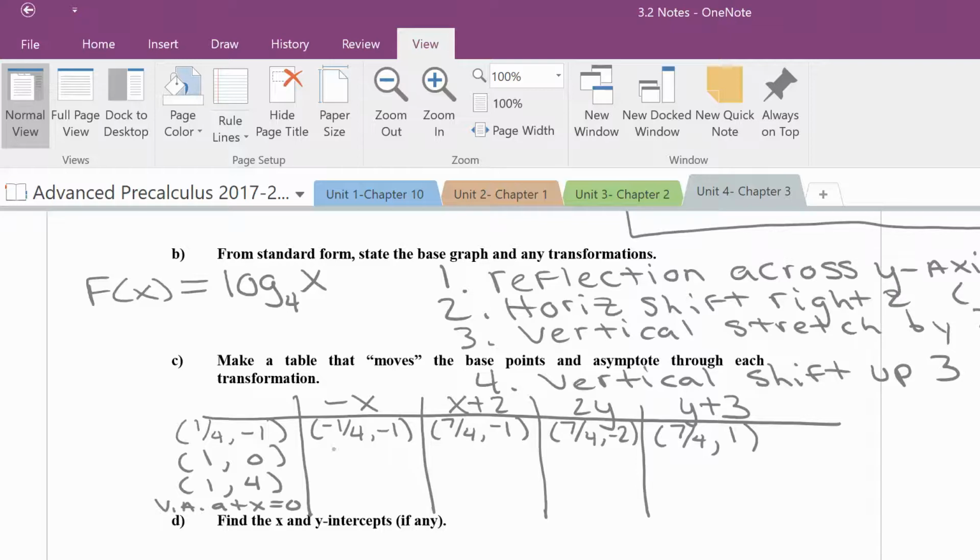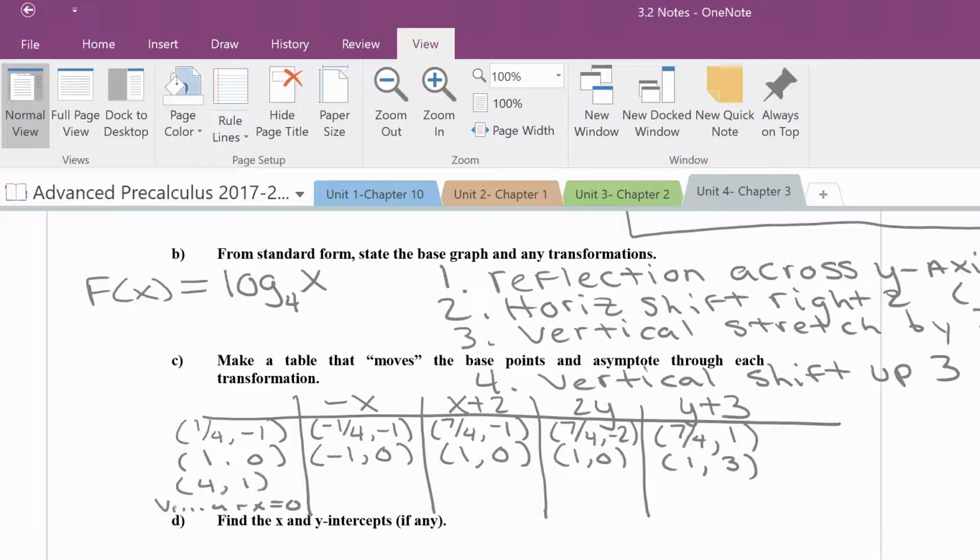And then negative x here is negative 1. And then plus 2 is positive 1. And then times 2 for y is still 0, but then plus 3. Sorry, I wrote this backwards. It should be 4, 1 and not 1, 4.